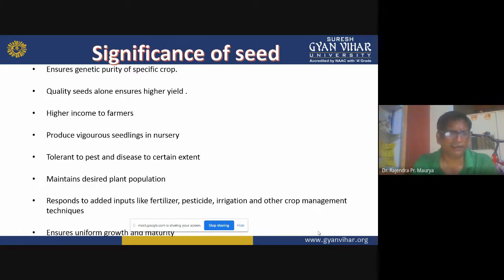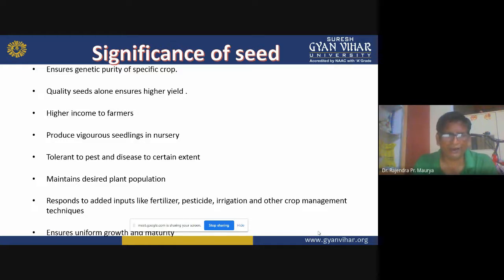Or in some varieties, if seed quality is not good and we are getting 50% or 60% germination, then we will get only 50% plant population. Then we will get 50% yield. So definitely we will get a loss.